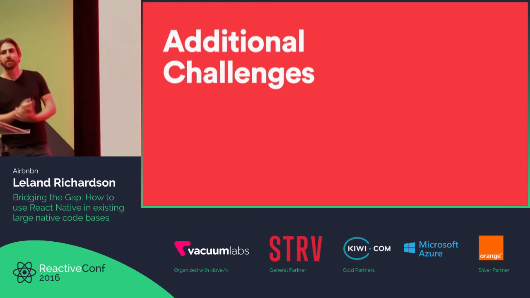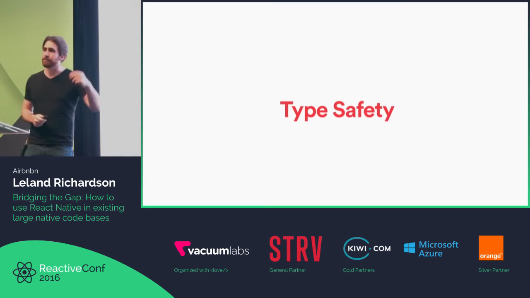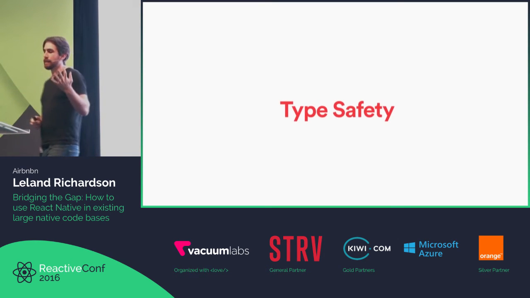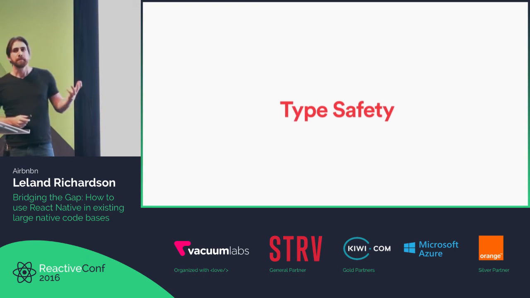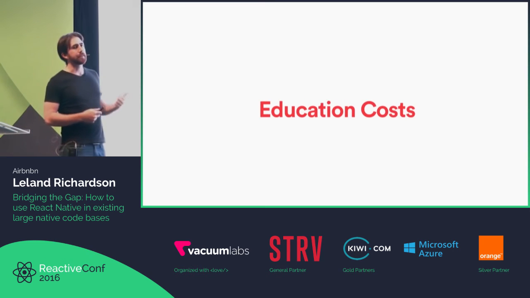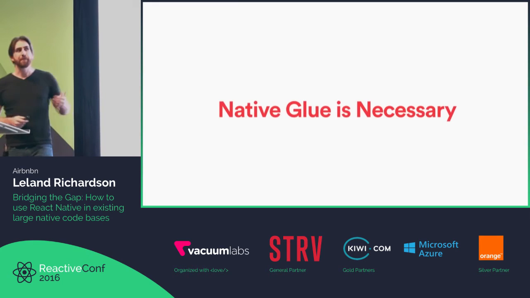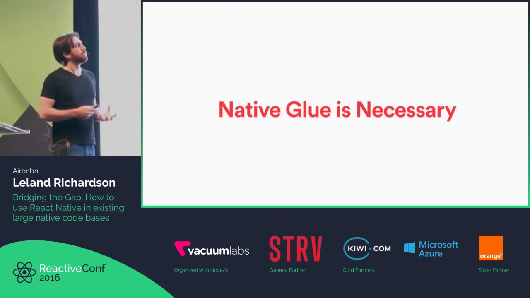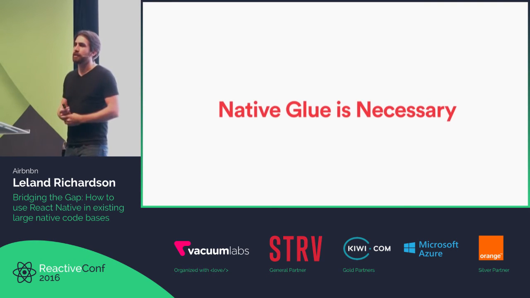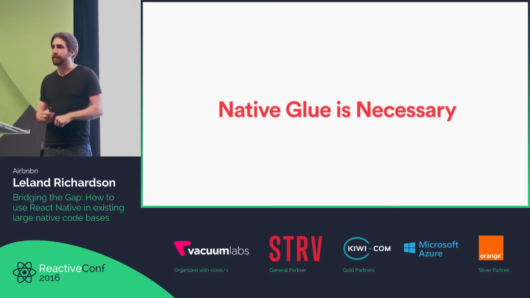I'm out of time here, but I'm gonna run through these last slides pretty quickly. Some additional challenges that we have: type safety. Native engineers kind of expect a type-safe language, and working with this can be a concern for a lot of them. Educating people about React Native that haven't used it before, there's definitely a cost there. Be prepared to write native modules. They're necessary. If you're integrating with an existing app, you're gonna need to write communication layers that handle things.